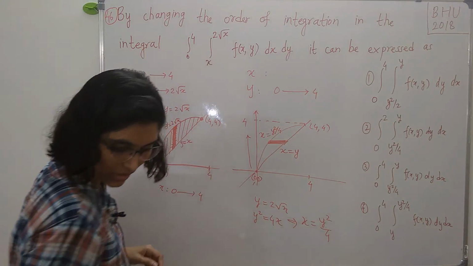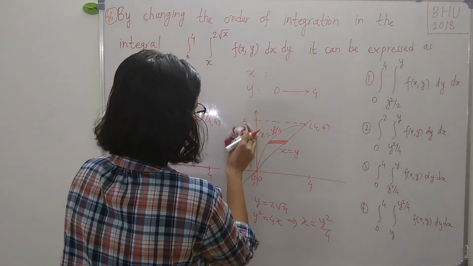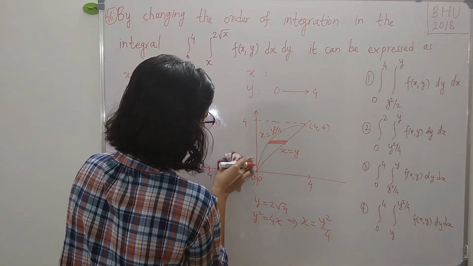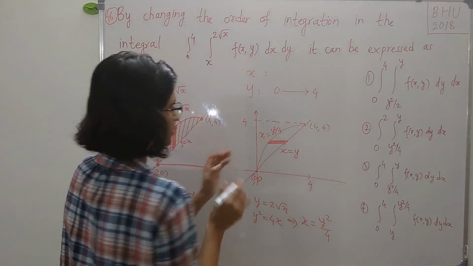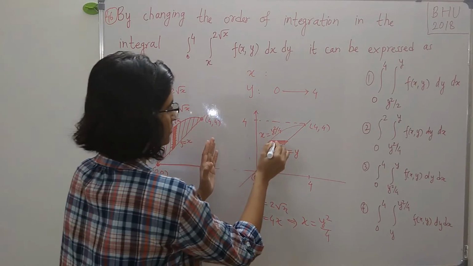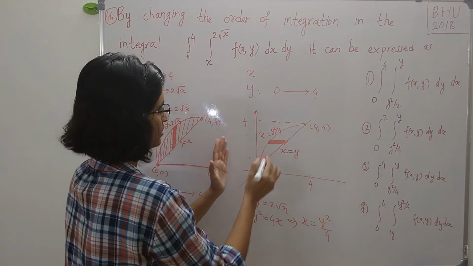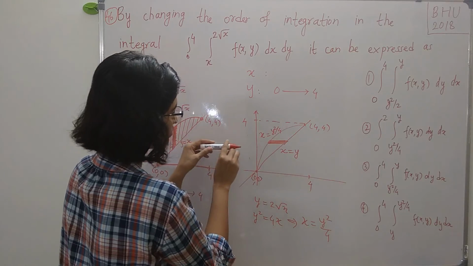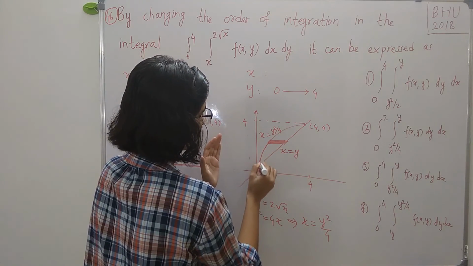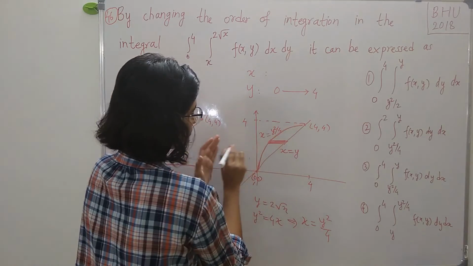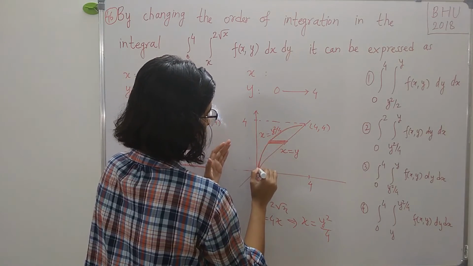Now along this find out the limits of x. So for the limits of x you take from left to right. When you start from left, the first time we hit this curve, right, from here, and then this curve.